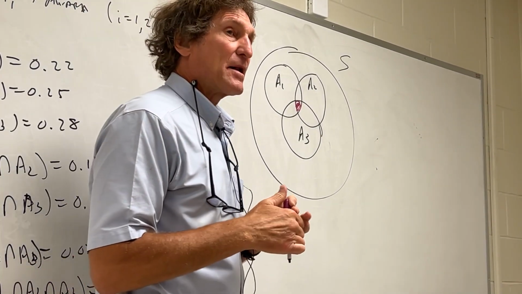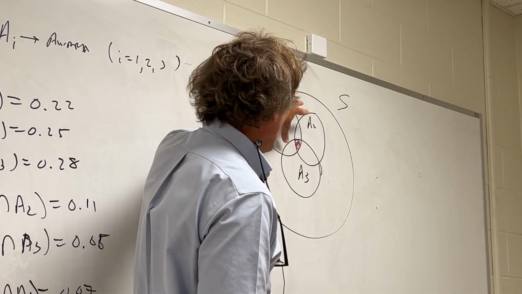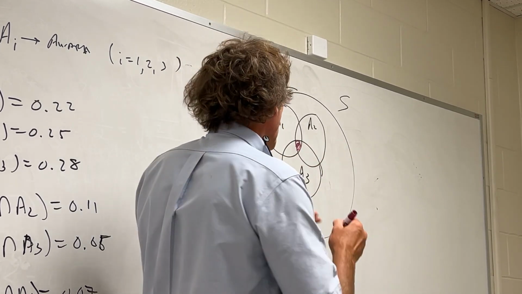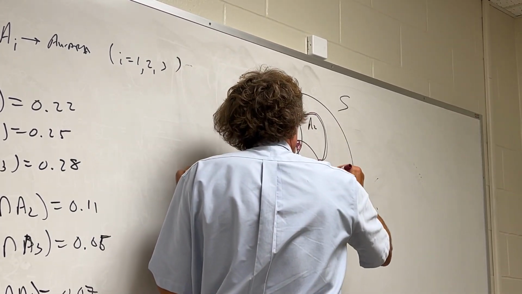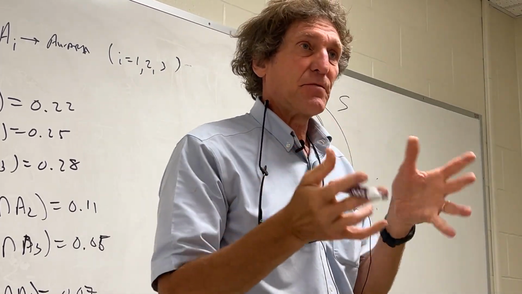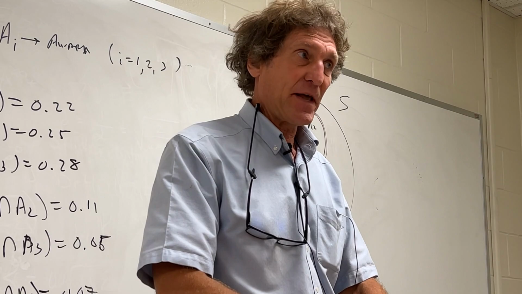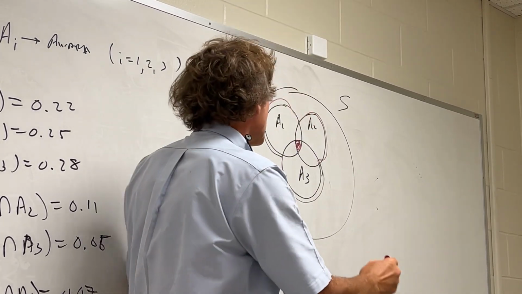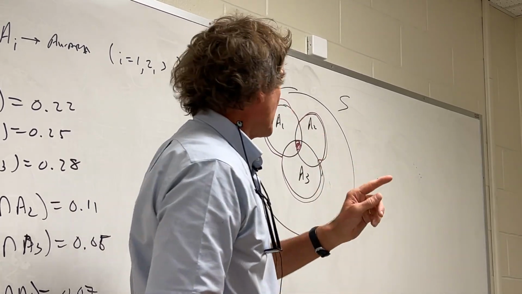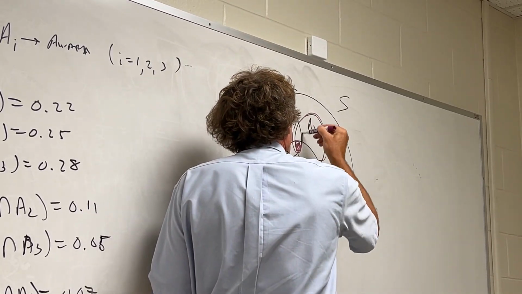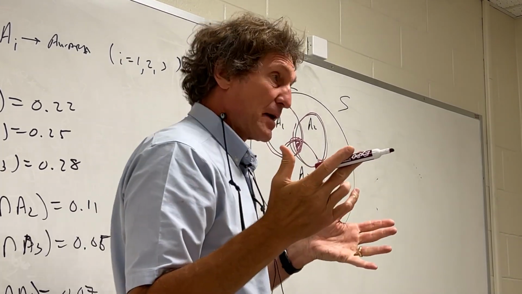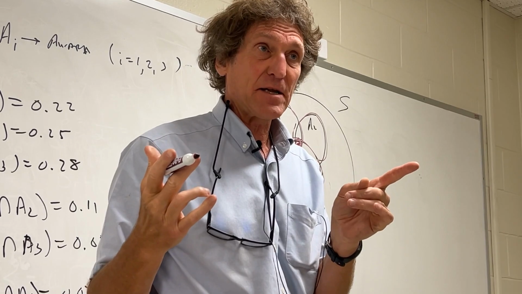If we take the area of A1 plus A2 plus A3, and we wanted to know just the total area, the footprint they have on that set, we'd have to take A1 plus A2 plus A3, then subtract out this area, this area, and this area, because we would have already added that. Do y'all follow me, class?